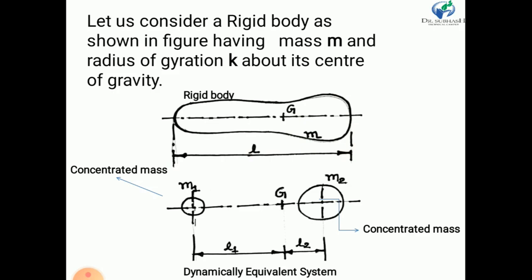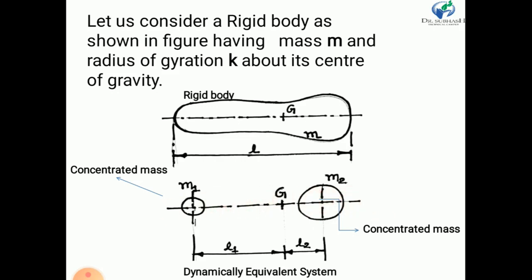Now we can replace this rigid body by a dynamically equivalent system. We can replace this rigid body by two concentrated masses. So let us replace this body by a 2-point mass dynamically equivalent system.